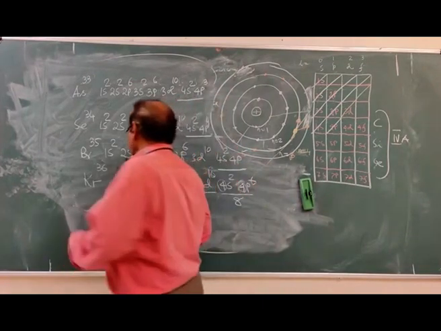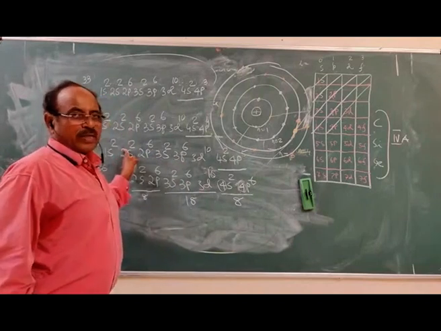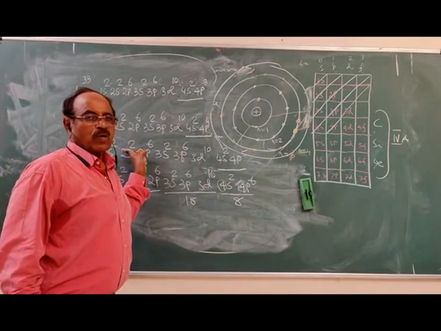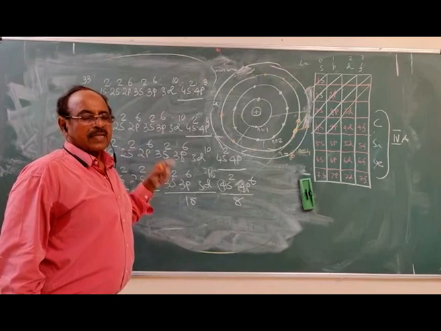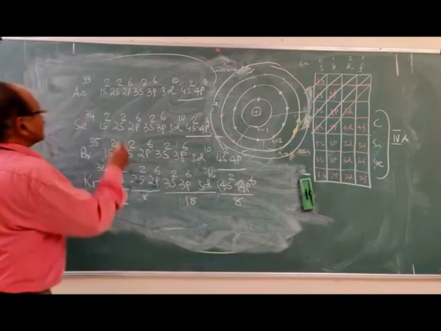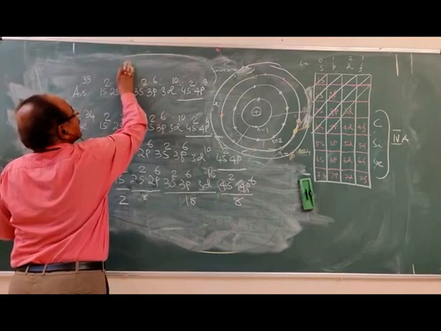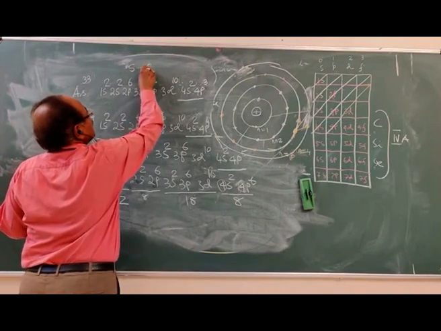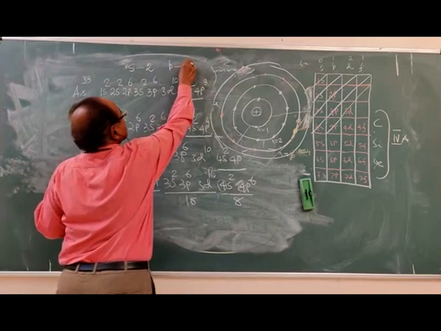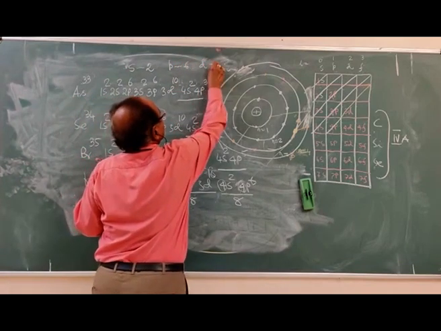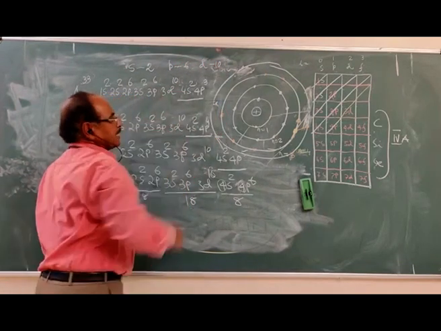So there are 2 s block elements, 6 p block elements, 10 d block elements. So you have 18 elements.